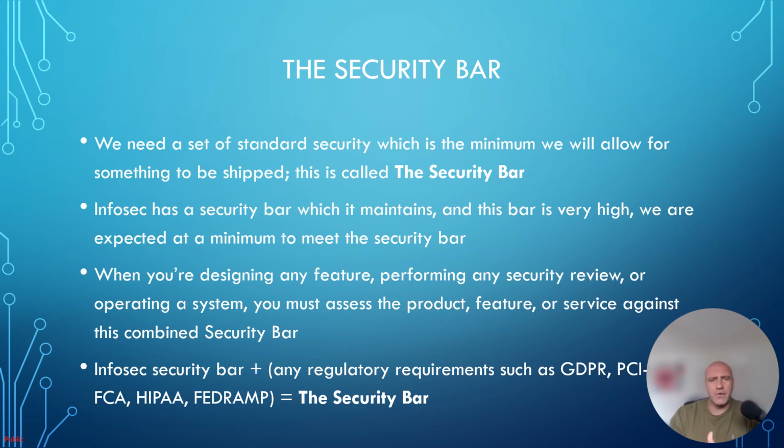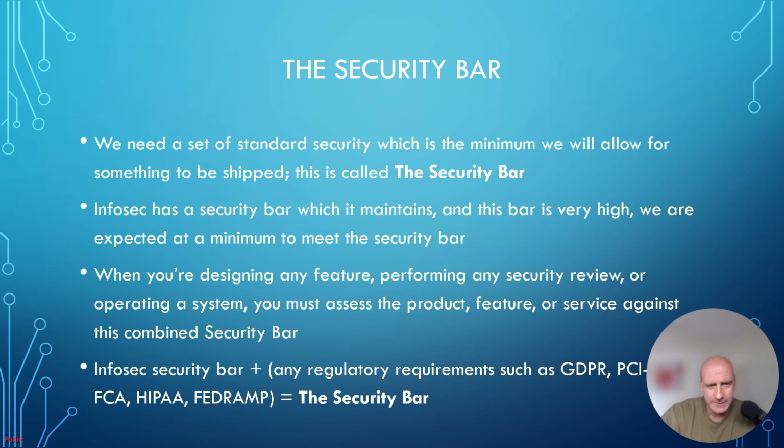If you take credit card payments, for example, you might need to comply with PCI DSS requirements. If you work in the financial industry, you might need to comply with something like the Financial Conduct Authority. If you're dealing with health organizations, you might need to comply with HIPAA. Or if you work with the US government, you might need to comply with FedRAMP.